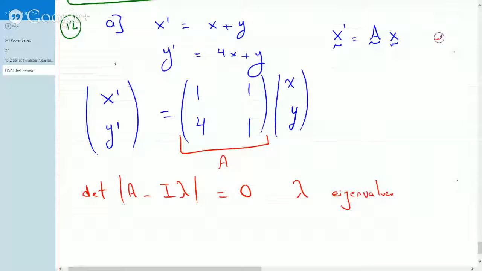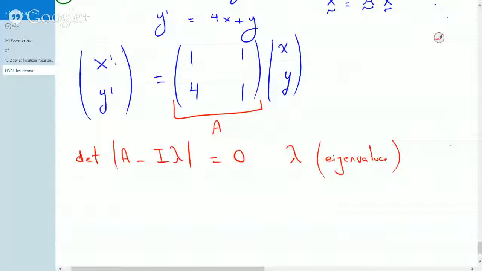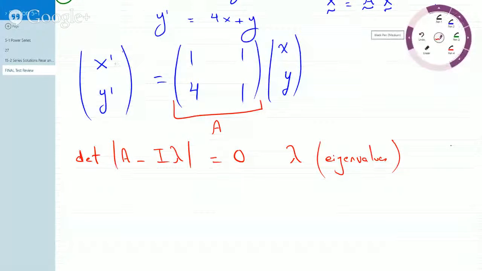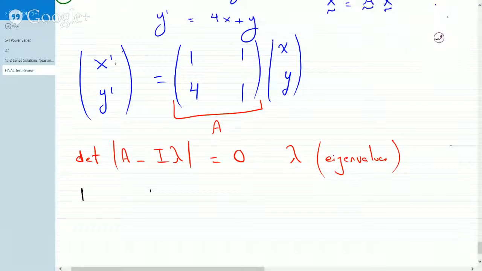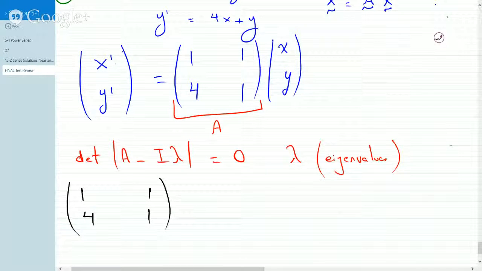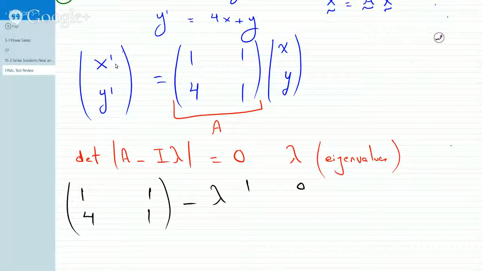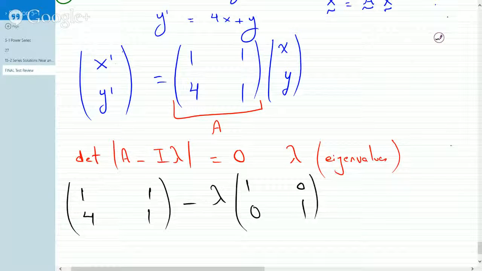So A will be 1, 1, 4, 1. I is the identity matrix. So that's lambda times the identity matrix. The identity matrix is a matrix with 1 on the diagonals and zeros everywhere else. And when we're done, we're going to take the determinant of this full matrix and set it equal to 0.